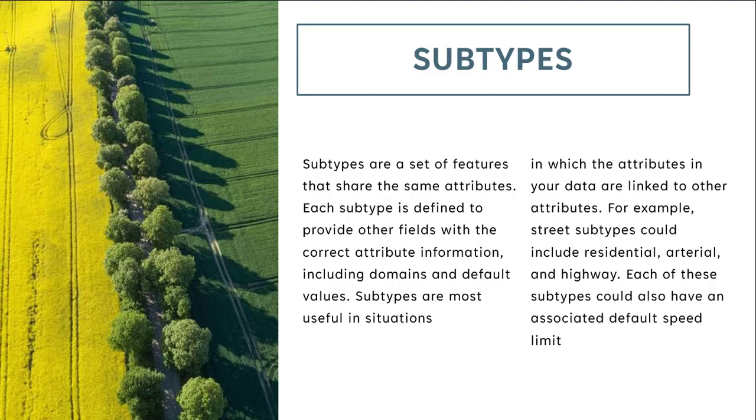So basically, subtypes are more like a categorization. You try to categorize it such that, okay, for roads we have major roads, minor roads, highways, arterial, residential, and all that. Now in the streets subtypes we have residential, arterial, and highways.